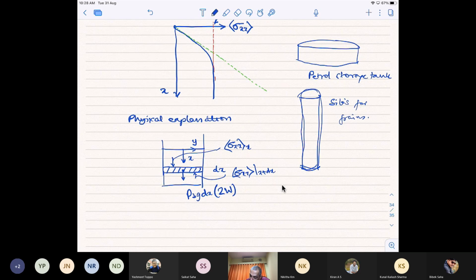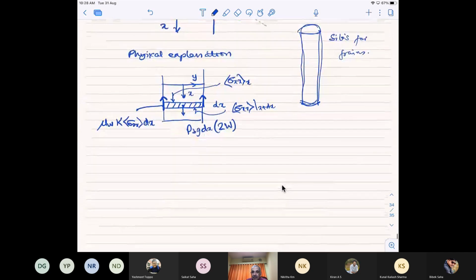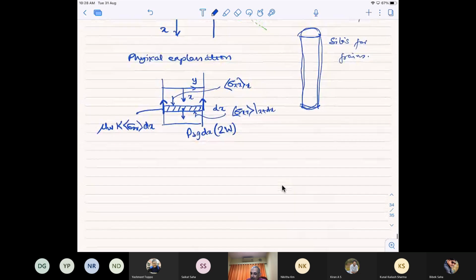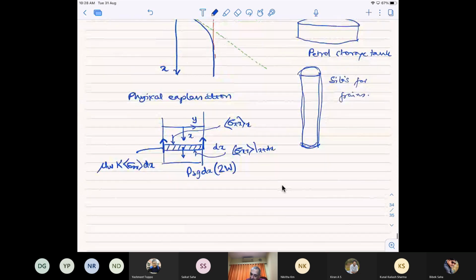But in the case of particles, what is different is that actually you can have a frictional force, and this frictional force is mu w into k into sigma xx times dx, and that is the frictional force that really supports the weight of the particles. So beyond a certain depth, as sigma xx goes on increasing, the upward frictional force also goes on increasing.